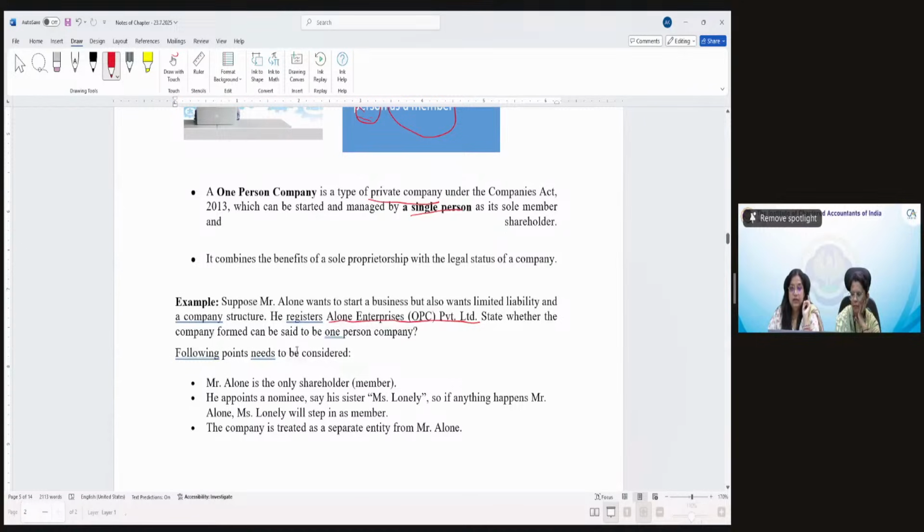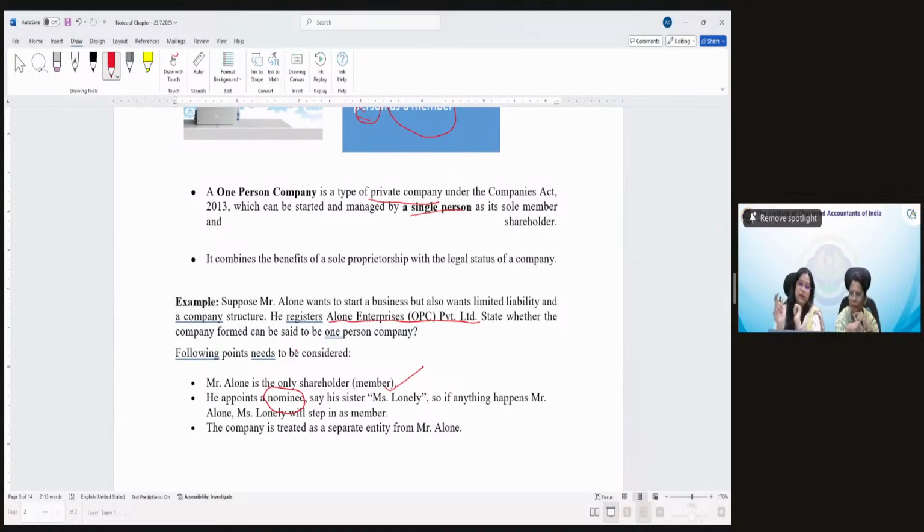Yes, it can be, because he is the sole member, shareholder, and he needs to appoint a nominee, which I was saying, that someone should step into his or her shoes if that person is not there. So he should appoint a nominee, in this case Miss Lonely, and then this company is treated as a separate legal entity because perpetual succession is necessary.